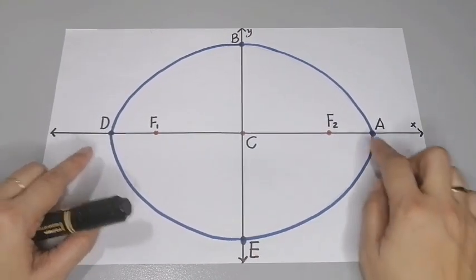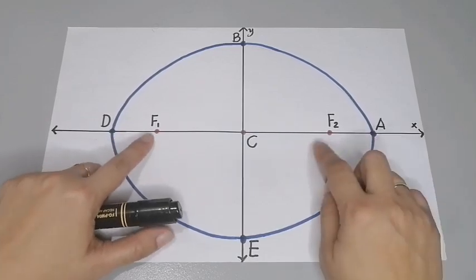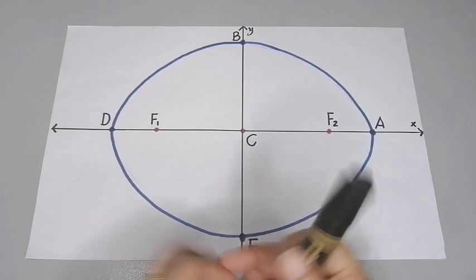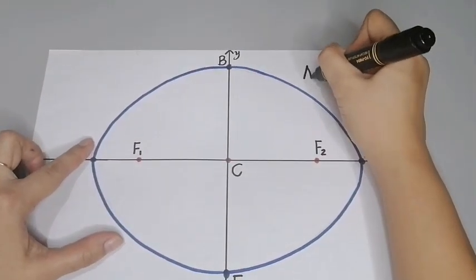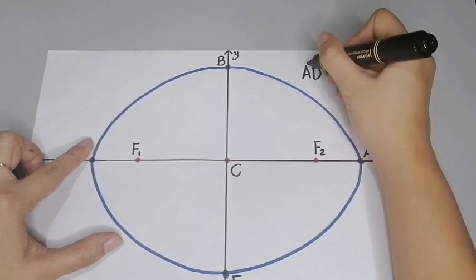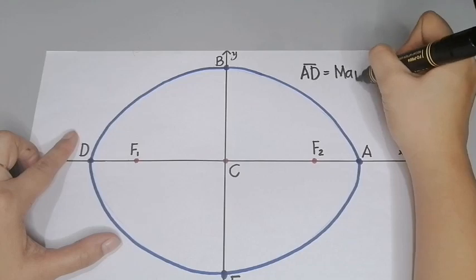So the longer line segment AD, which contains the foci, is called the major axis.